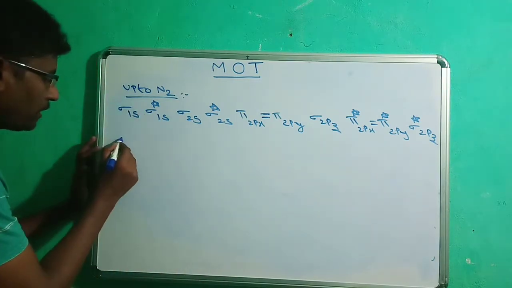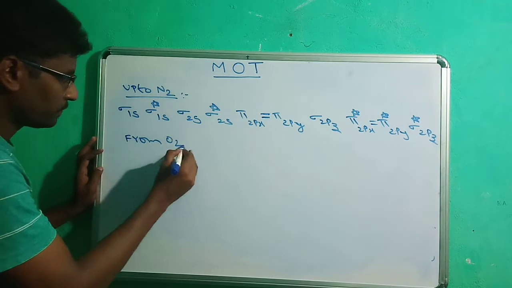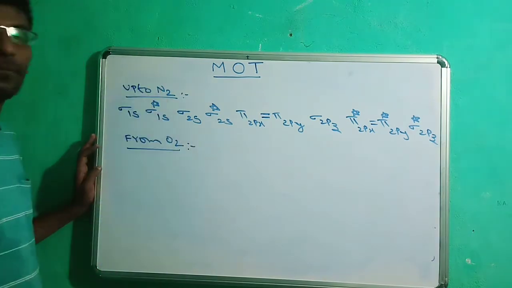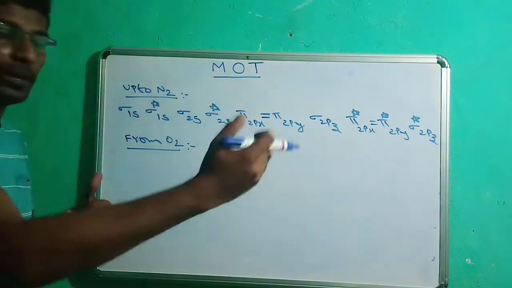Now another important sequence is from the O2 molecule. From the O2 molecule means oxygen and higher molecules.